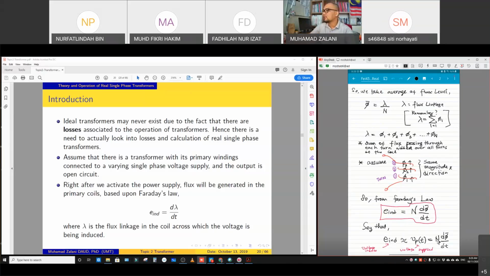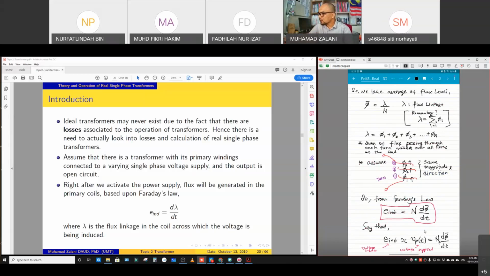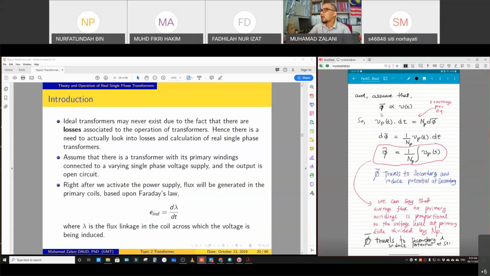I'm going to call it d phi, but you have to understand that phi is actually the average phi, not the normal phi that we have discussed before in the ideal transformer. So from this equation, we can see that Vp is directly proportional to phi bar. Vp is directly proportional to average flux. So we can assume that phi bar is directly proportional to V.